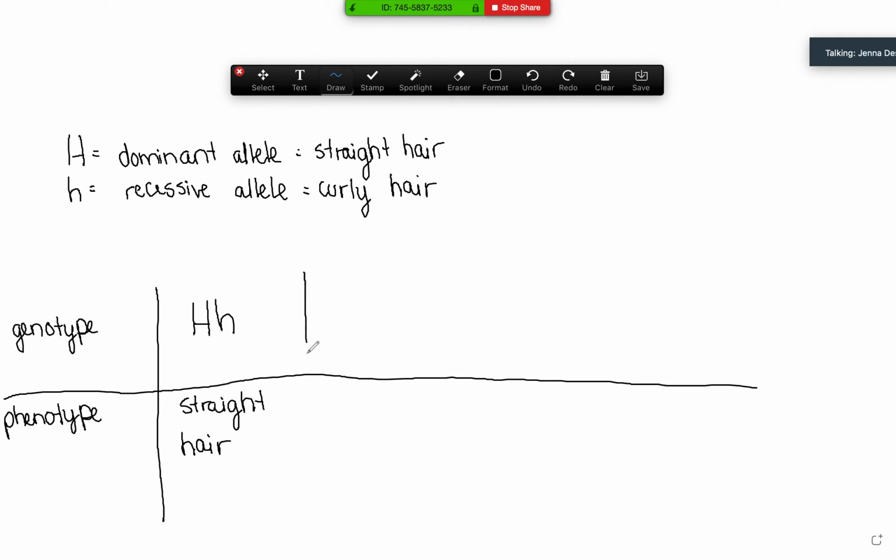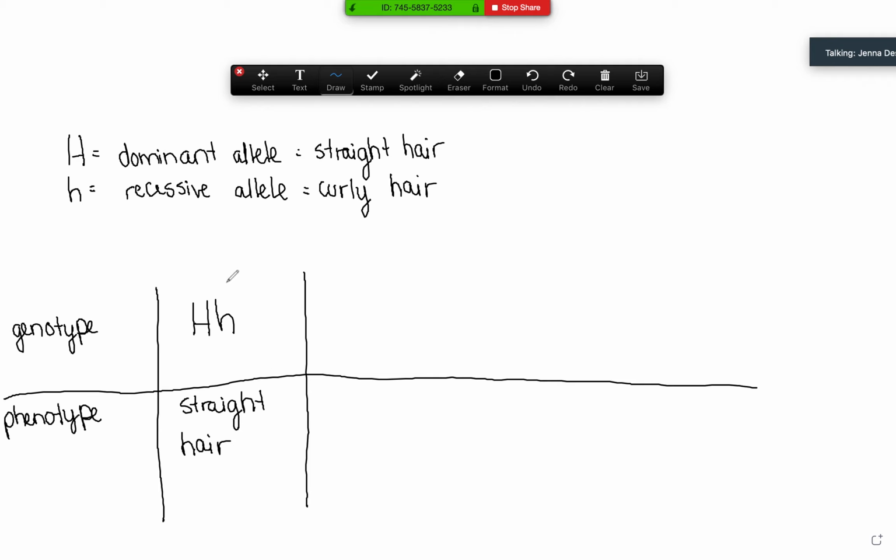Okay, so now, depending on the combination of alleles that you can actually have, traits can be homozygous or what we call heterozygous.